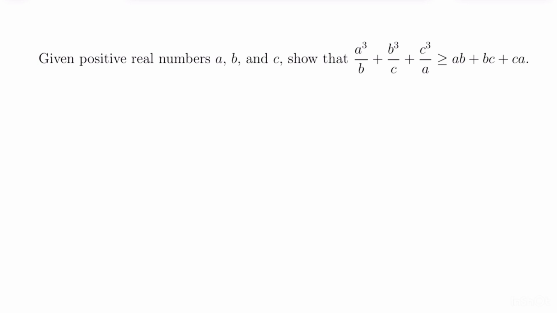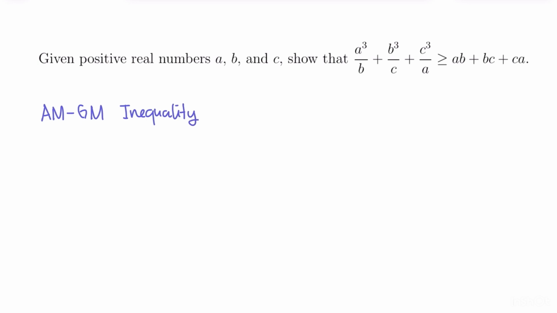So today we're going to solve this problem. Given positive real numbers a, b, and c, show that a cubed over b plus b cubed over c plus c cubed over a is greater than or equal to ab plus bc plus ca. So in order to solve this, we're going to have to use a technique with the AM-GM inequality.